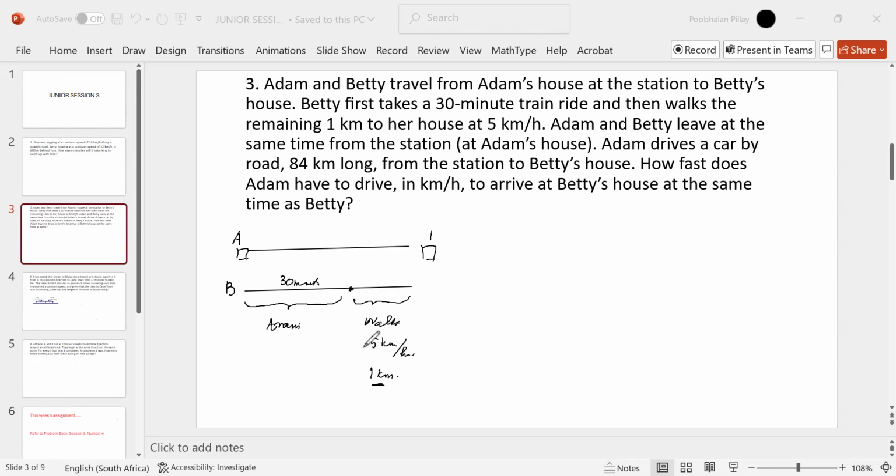So 1/5 of 60 is 12. So she takes 12 minutes walking because she travels at 5 kilometers per hour. Okay, so in other words, Betty takes altogether 42 minutes to reach her home.